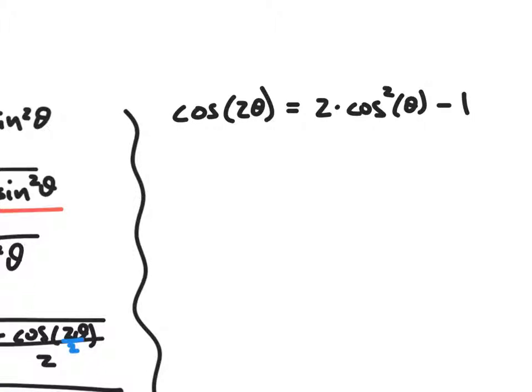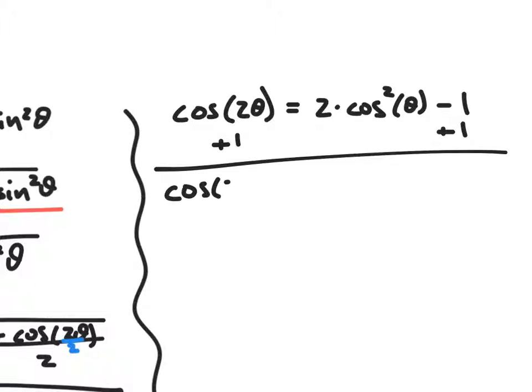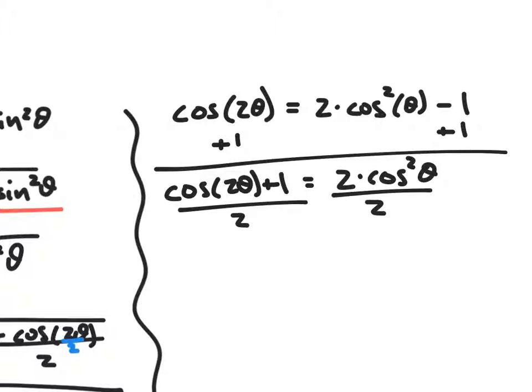And what I want to do is solve for cosine over on this side of the equation. So I'm going to add 1 to both sides. All right. So I have cosine of 2 theta plus 1, and that's going to equal 2 times cosine squared of theta. Divide each side by 2.